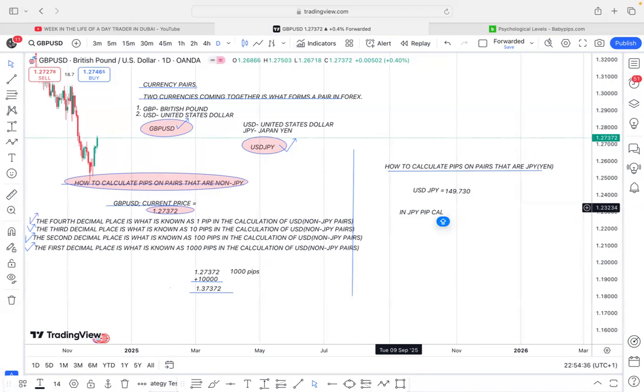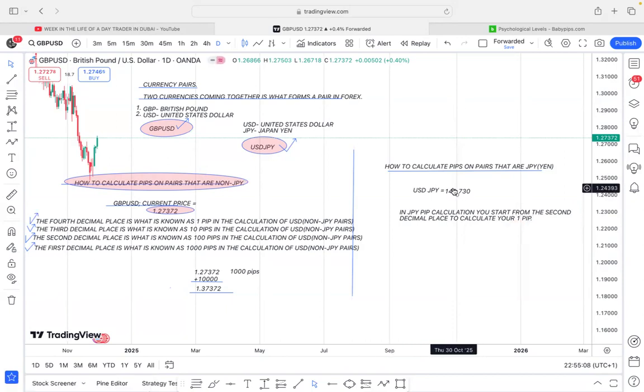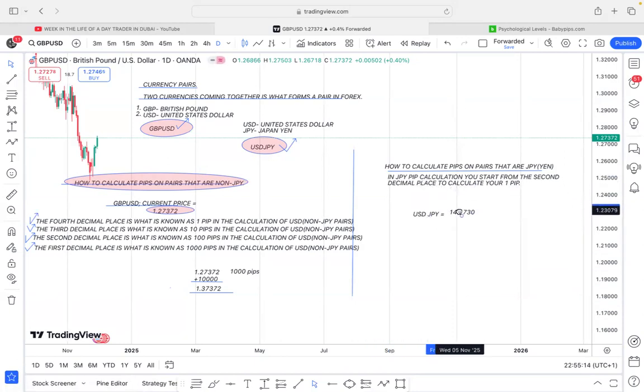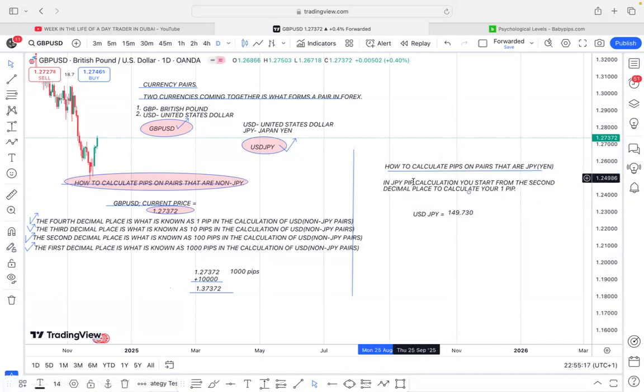That's where you start from, the second decimal place, to calculate your 1 pip. Meaning that if the current price is 149.73, right? Let me move this up, take this down, bring this down. Okay.